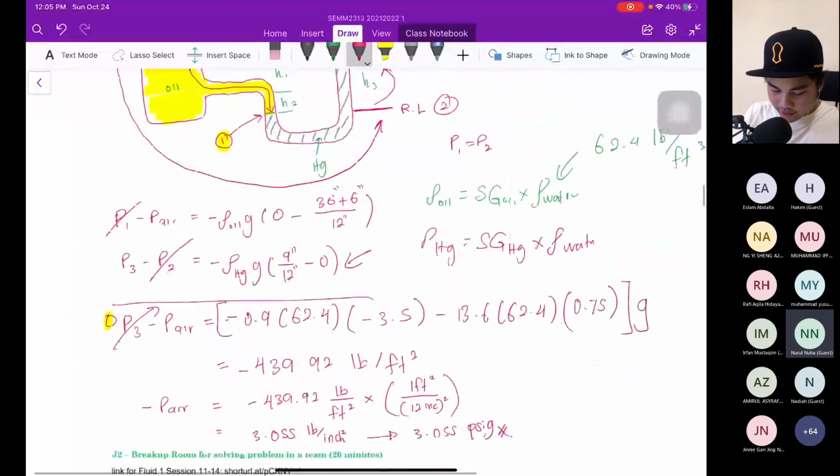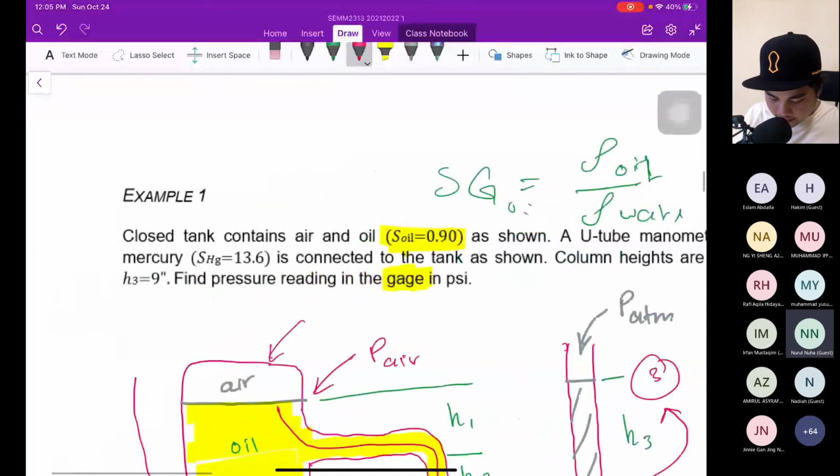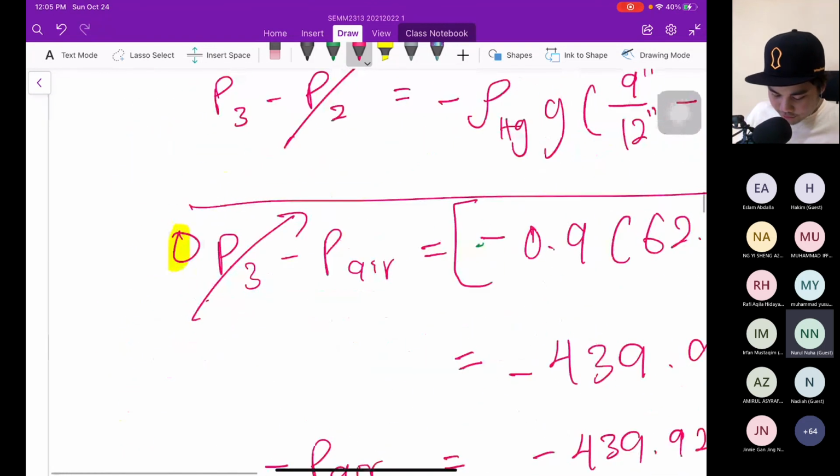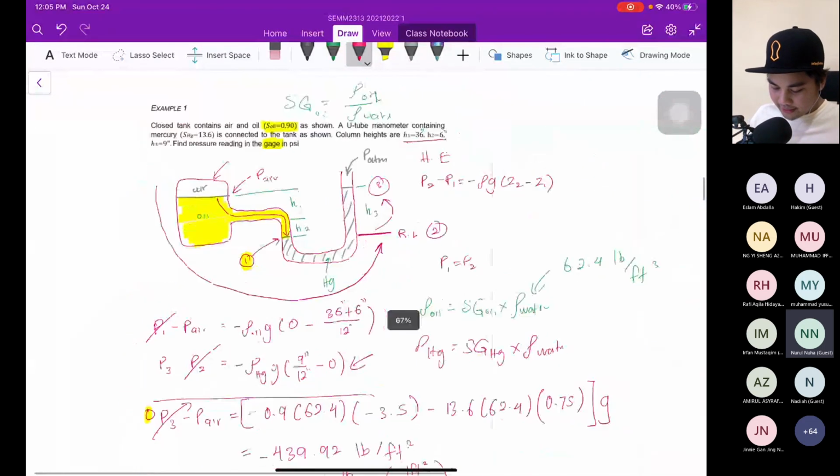The question says find the pressure reading in gauge. So remember what gauge is: it is the pressure relative to atmospheric pressure. When atmospheric pressure is our reference, PATM equals 0. Clear? So that means it is 0.